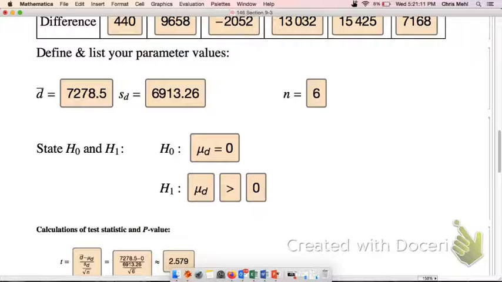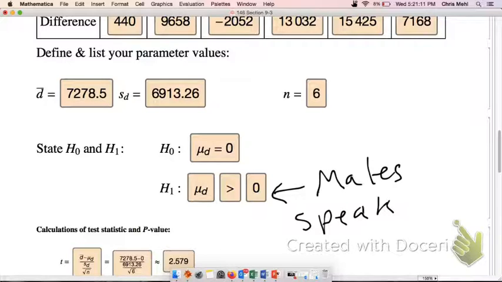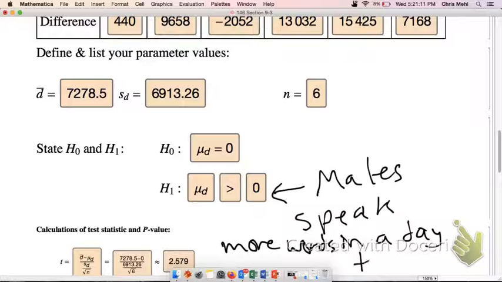Just to remind you, since we did males minus females, the alternative hypothesis is saying, this is the original claim, males speak more words in a day than females.